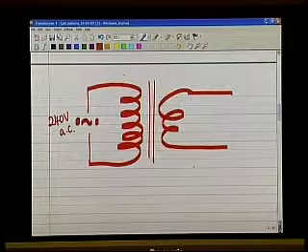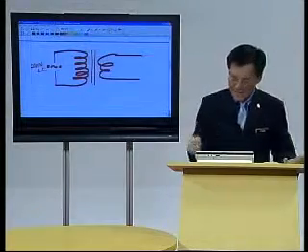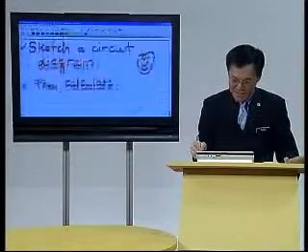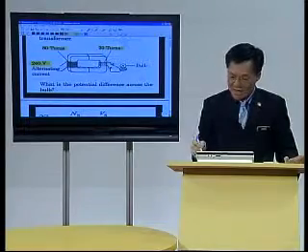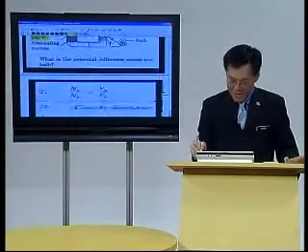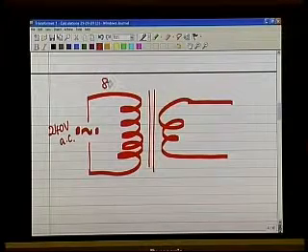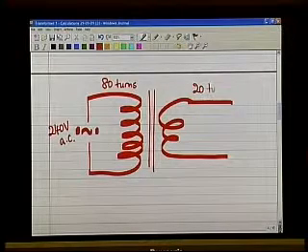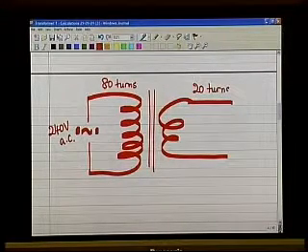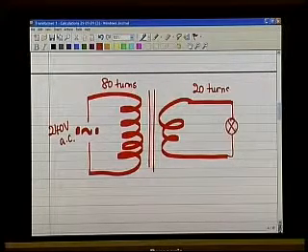Alright? And here the number of turns that we were given just now was 80 turns. Double check it. Look at it again. 80 turns, 20 turns on the other side. Okay, let's go back to the diagram. This is 80 turns. And this is 20 turns. Alright? And here you have the bulb.